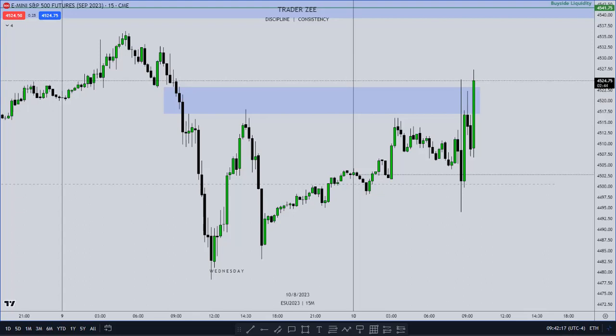Nasdaq is also inside of yesterday's range today, and it looks like it doesn't want to move much higher.